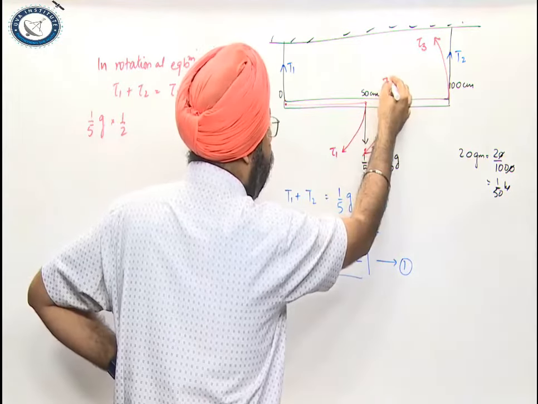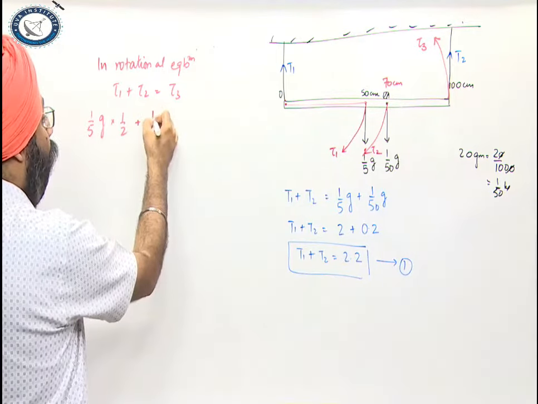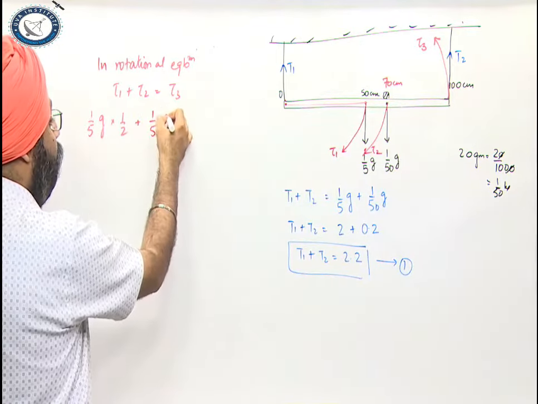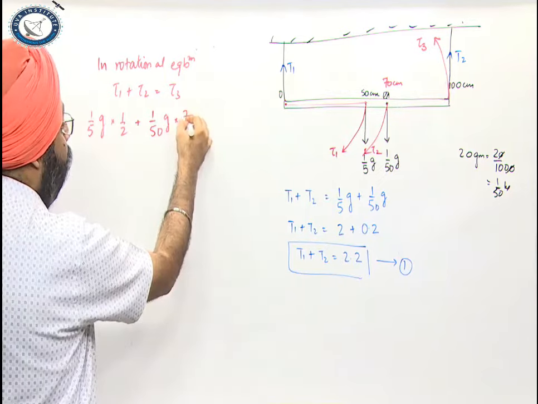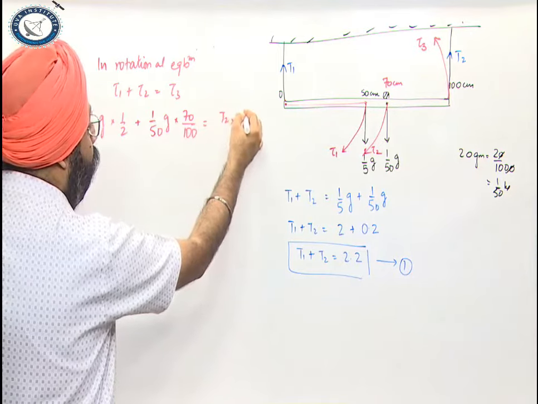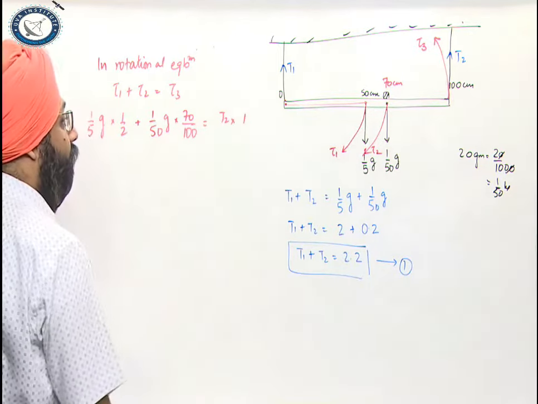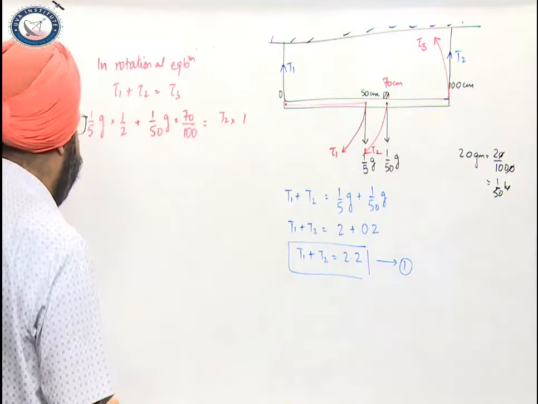This mark is the 70 centimeter mark, plus 1 by 50 G into 70 upon 100 must be equal to T2 into 100 centimeter, which is 1 meter. This is T2 into this perpendicular distance.